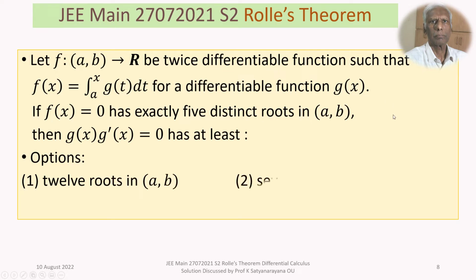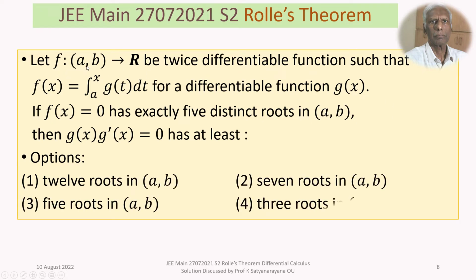The problem: f is a real-valued twice differentiable function defined on the open interval (a, b), and f of x is given to be the integral from a to x of g of t dt, where g of x is a differentiable function. If f of x is equal to 0 has exactly 5 distinct roots in (a, b), then g of x times g prime x is equal to 0 has at least how many roots?